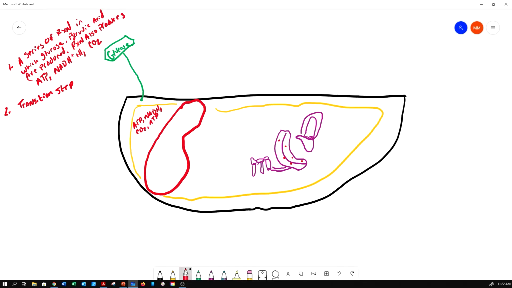Now during this, let me draw this out too so it's really clear. In this section of the mitochondria, we're going to call this where the Krebs cycle exists.